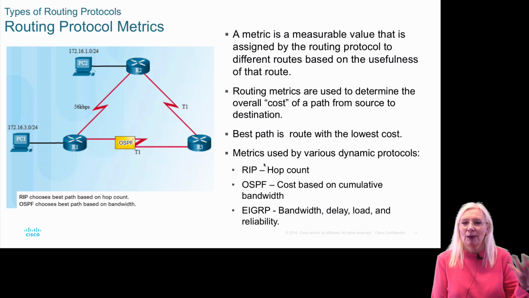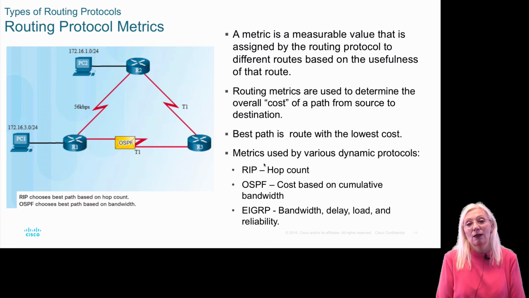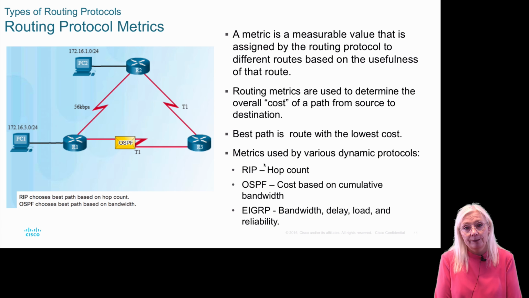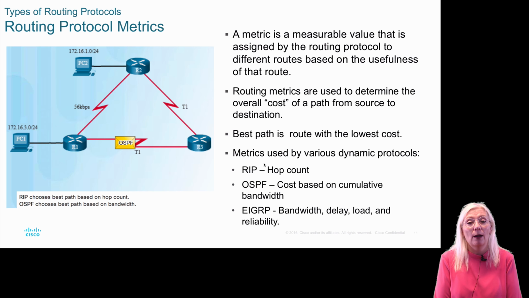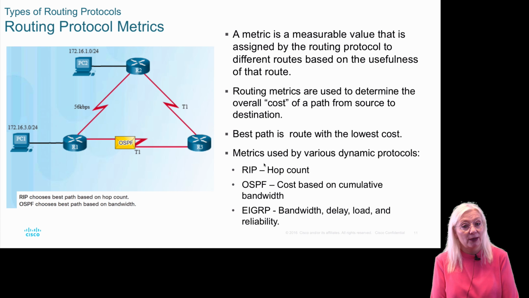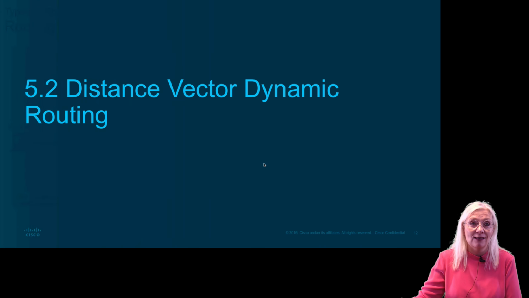So it will say, okay, I will hop twice to reach this network, and if I take another route, I will have to hop three times. So I would choose the one with the fewest hops. Whereas OSPF and EIGRP use a more complex metric where you look at the bandwidth, the delay and the reliability of a link as well. So you will actually choose the fastest.